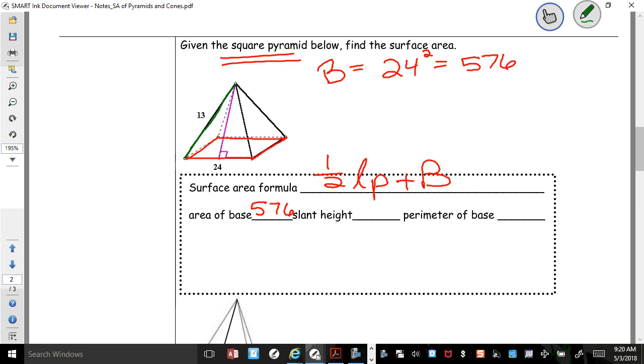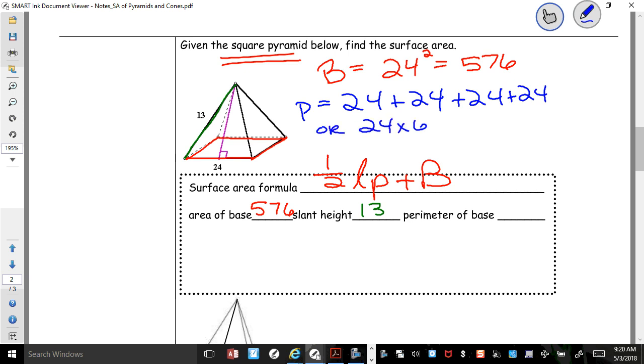The slant height they give you, which is what? 13. And the perimeter we have to figure out, and each side is 24, so you could just do 24 times 4.